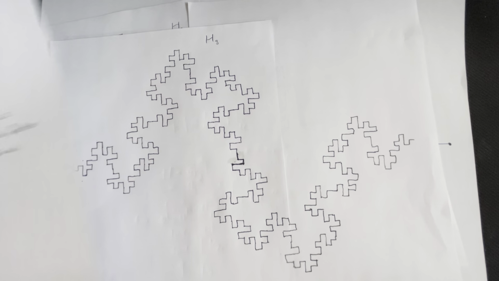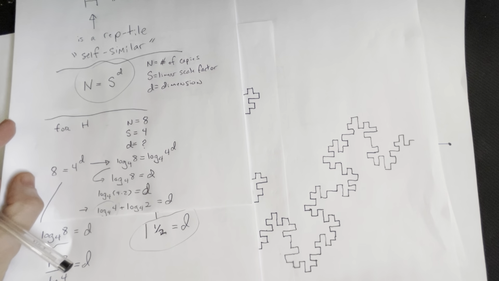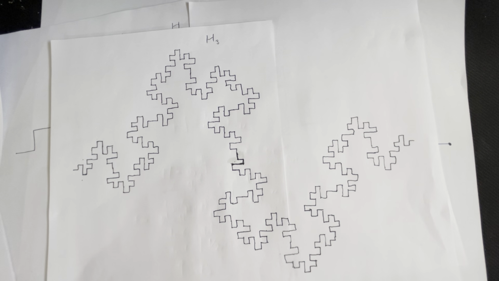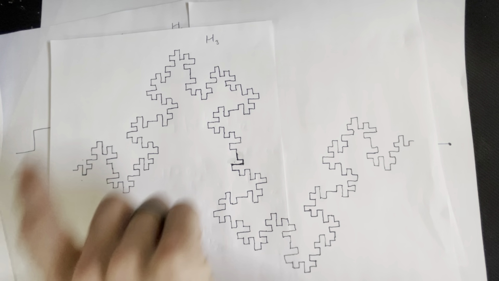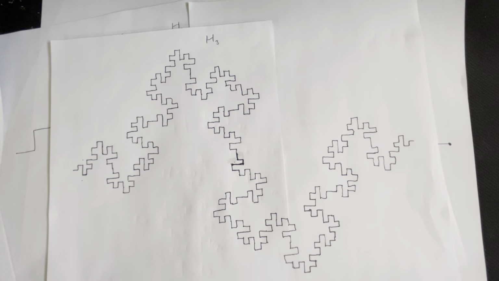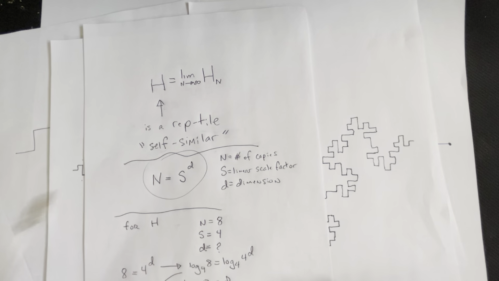So by this measure, it's sort of 1.5 dimensional, right in the middle of being one-dimensional and two-dimensional. So the people that use these curve things for practical reasons, like coastlines and that kind of stuff, it sort of measures the roughness of the object you're studying. So pretty cool. So here's a nice example again of a reptile that is a fractal, and kind of the idea of using this formula to figure out this type of dimension.